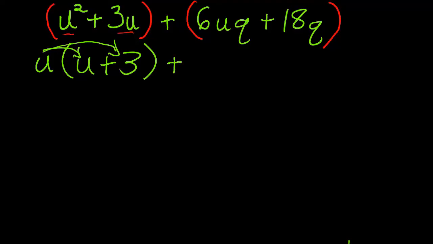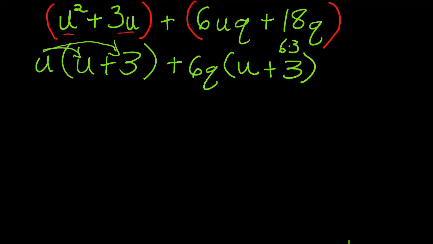Now, the same thing over here. We know that 18 is 6 times 3. So both terms have a 6, and both terms have a q. So 6q is going to be the GCF of the second two terms, which will leave us with a u plus a 3.